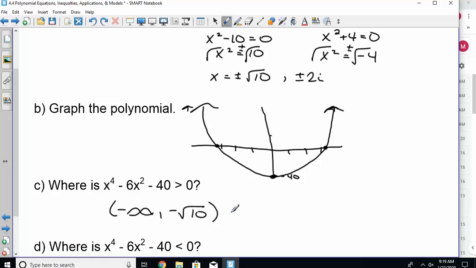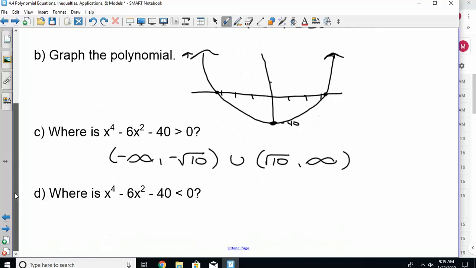Negative infinity to negative radical 10, union radical 10 to infinity. Good. If I said equal to, you'd have brackets on your radical 10. And it is less than 0 from negative radical 10 to positive radical 10.